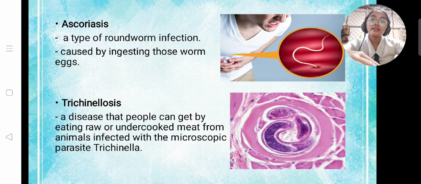Next is trichinosis. Trichinosis is a disease that people can get by eating raw or undercooked meat from animals infected with the microscopic parasite Trichinella. The signs and symptoms, severity, and duration of trichinosis vary.